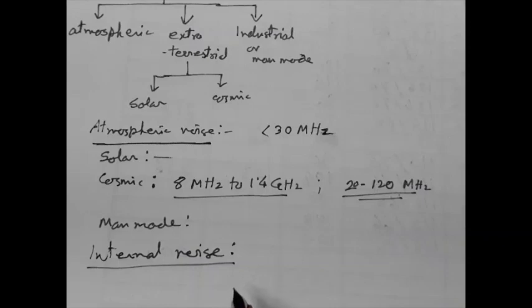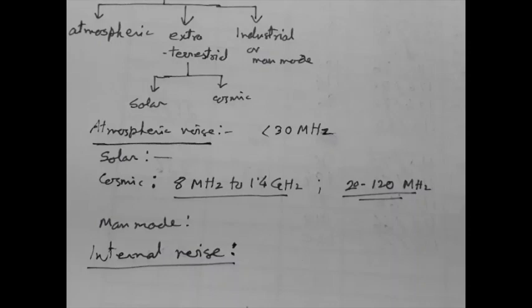It is coming due to the components used to make or implement the communication system. Most of the time this noise arises because of the fluctuation of electrons through the devices that are used to make the communication circuits.